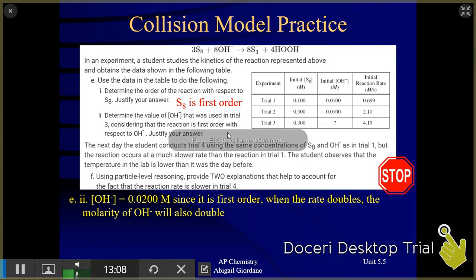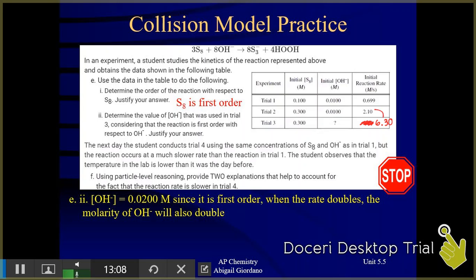So let me just give you one other example just to make sure you guys have got this. Let's say this number was not 4.19. Let's say it was 6.30. Okay. Well, I can see that from here to here, it has been multiplied by 3.